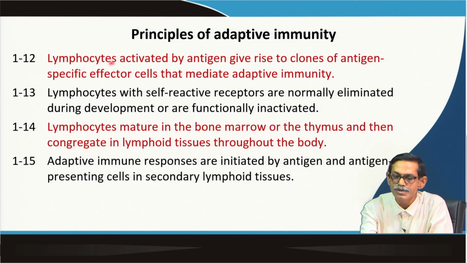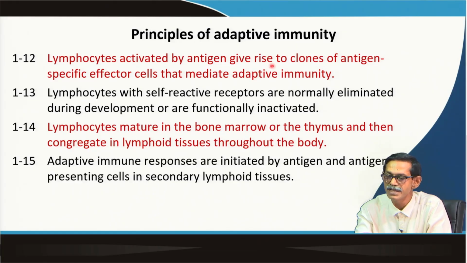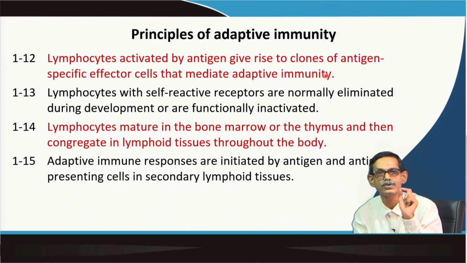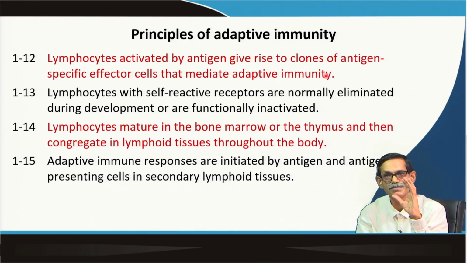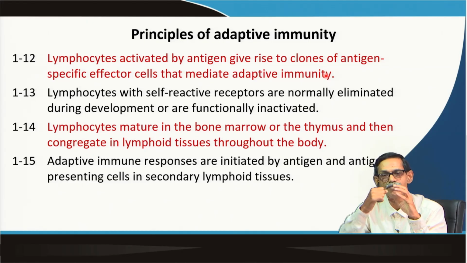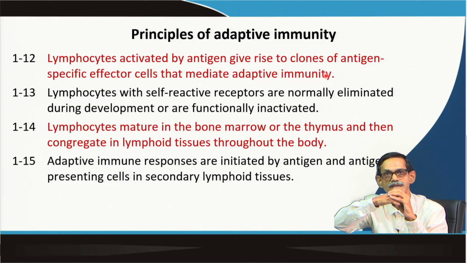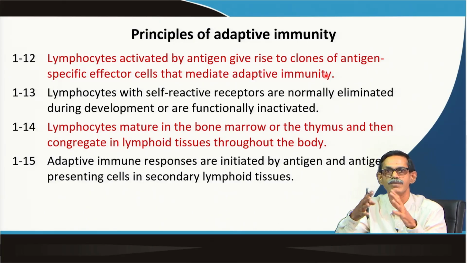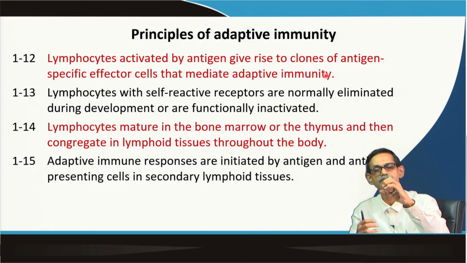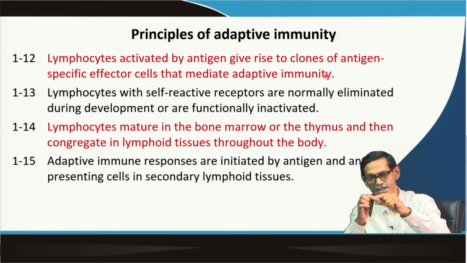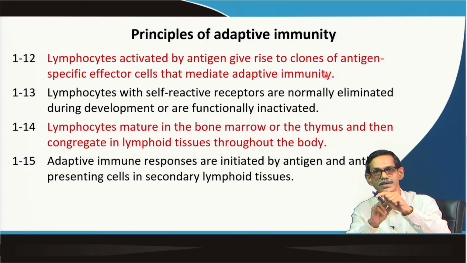Now, lymphocytes activated by antigen give rise to clones of antigen-specific effector cells that mediate adaptive immunity. So, the lymphocyte which has a specific receptor binds with a specific antigen, and that interaction makes their number more and more. So, this is one cell, it binds with something, it gets activated.